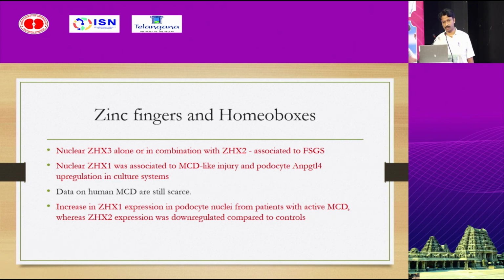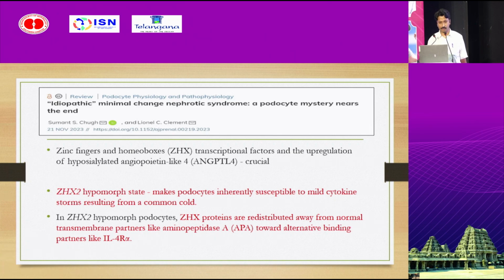Based on the expression of multiple ZHX proteins, it has been shown that nuclear ZHX3 alone has been associated with FSGS, nuclear ZHX1 expression has been associated with MCD, and this is one paper which has come up in November 2023, which links ZHX transcription factors to angiopoietin-like 4 expression.